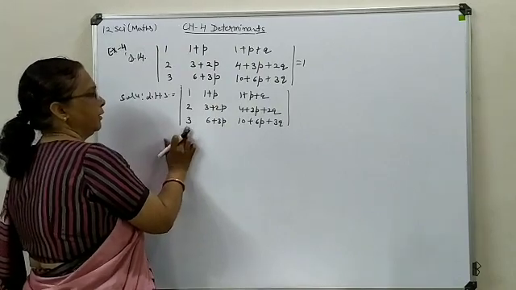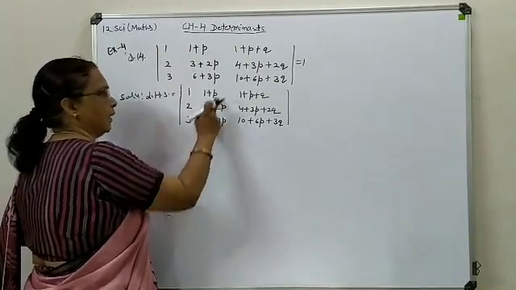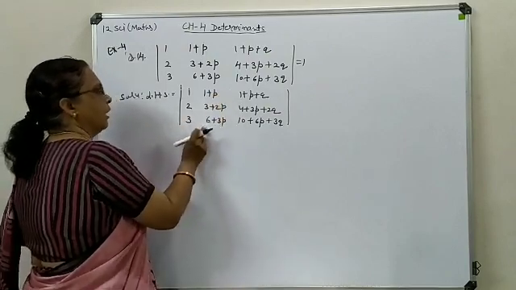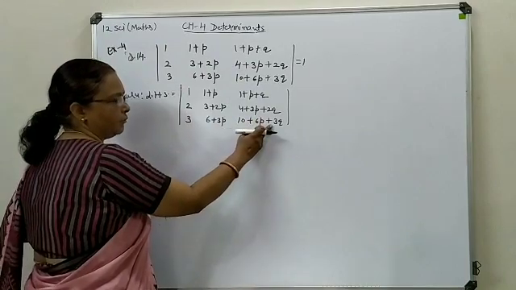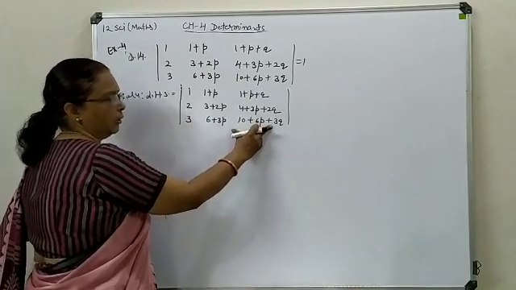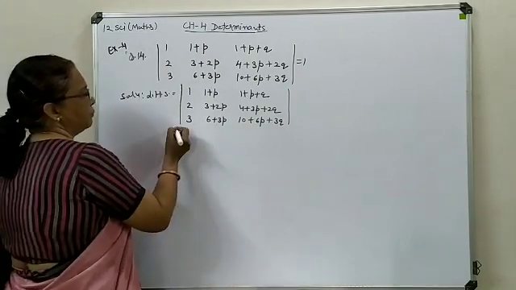So in order to do that, if you multiply the first column by P and subtract from the second, this will be cut. If you multiply the first column by Q and subtract from the third column, this third term will be cancelled. So these two properties you will implement here.